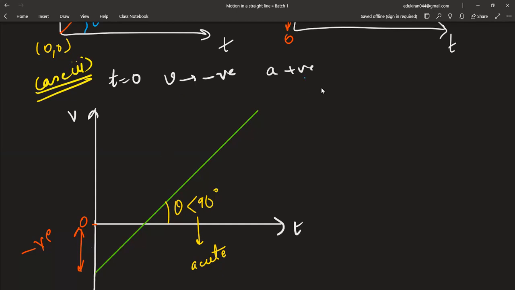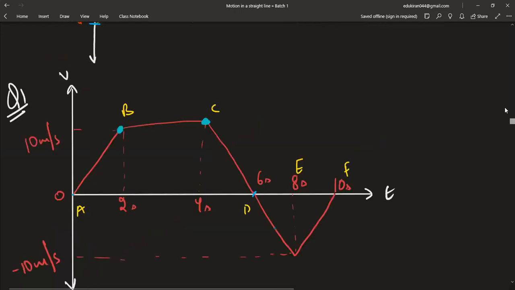And since acceleration is positive, for a positive slope we have to make theta less than 90 degrees. It is starting below the origin, which gives us some value of acceleration with velocity negative. Fine, class, write it down. One last question, then we will see.